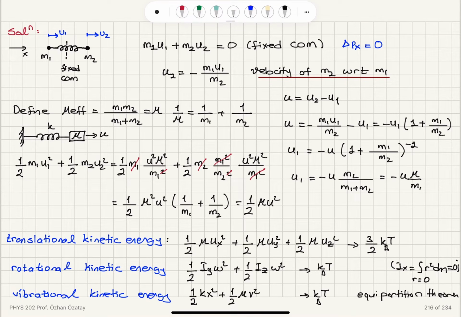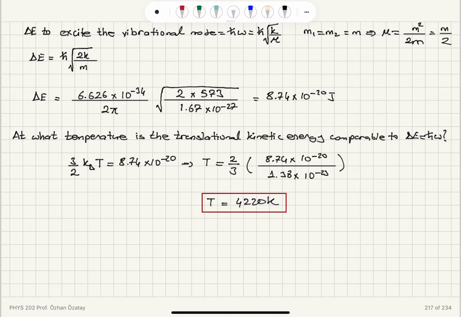It is 1/2 Iy omega squared plus 1/2 Iz omega squared. The vibrational energy is 1/2 kx squared plus 1/2 mu v squared. That is kBT. So delta E to excite the vibrational mode, h bar omega, is basically h bar square root of 2k over m. It corresponds to 8.74 times 10 to minus 20 joules.